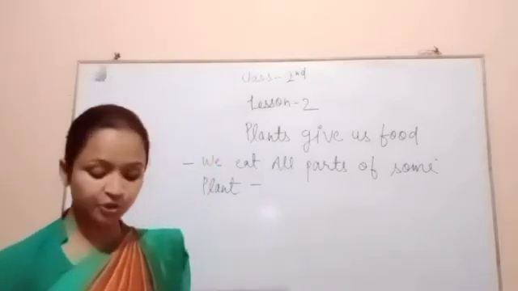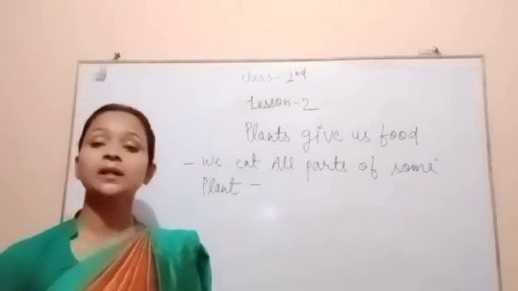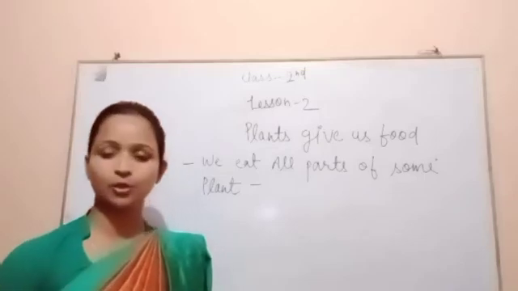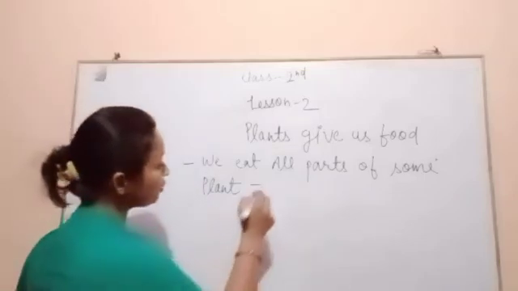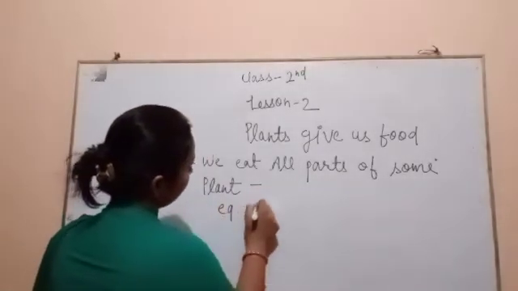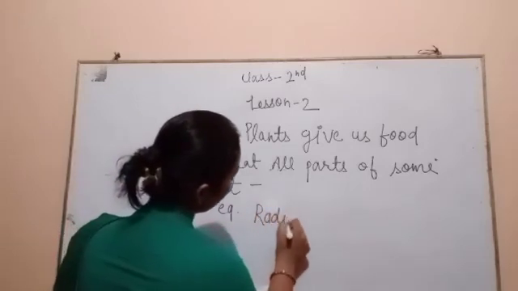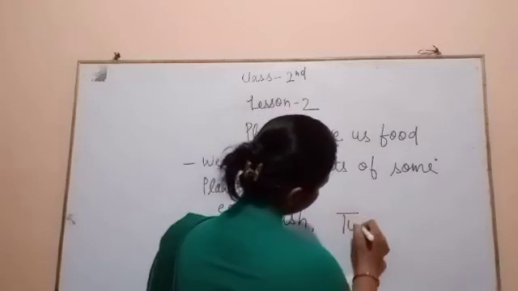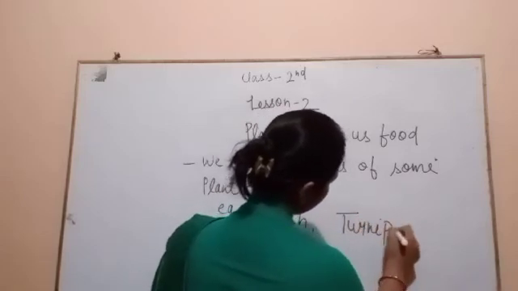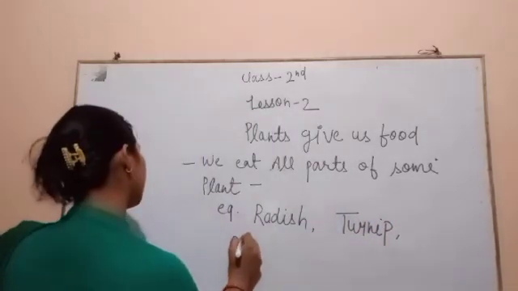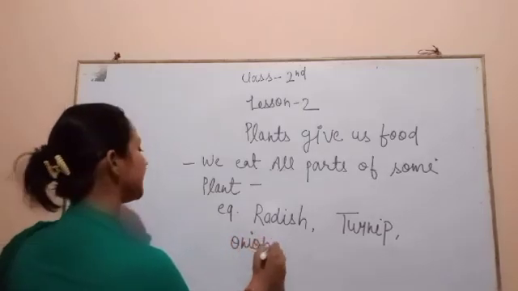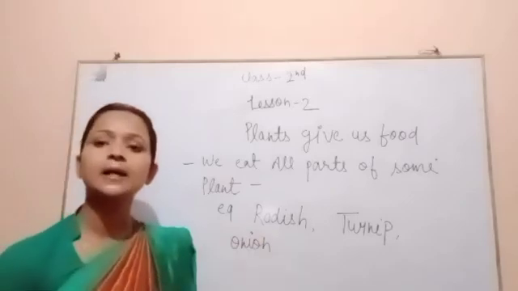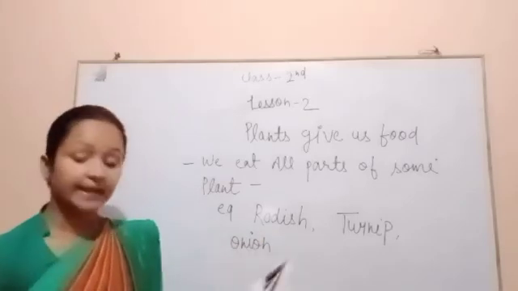Examples: radish, turnip and onion. We are eating the whole plant. Radish, turnip and onion.